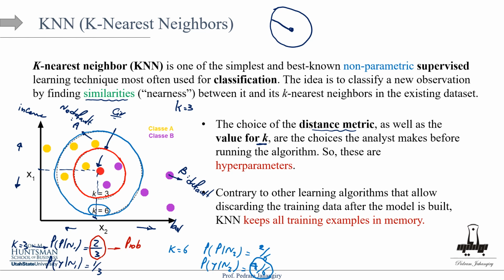If you want to classify this green observation, the algorithm has to go from the beginning again and look at the neighbors. For example, you start with 3 neighbors, and so on. It uses the entire train set again for classifying every single observation in the new test set. For that reason, we call it a lazy learner.